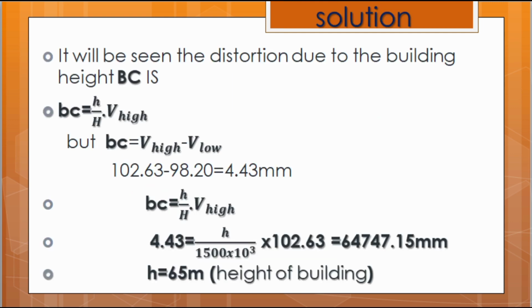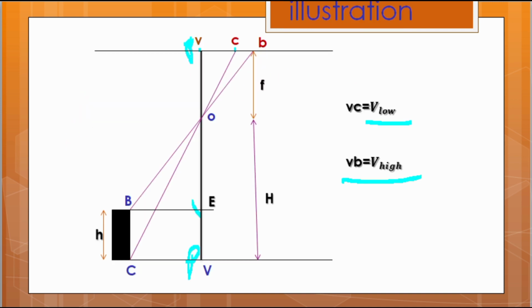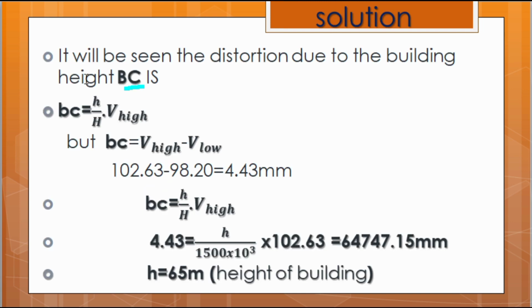So here in our next procedure, it will be seen that the distortion due to the building height, that is the height BC, is the distortion that is brought here from the building height. There we have the BC, the distortion being represented by the photograph.